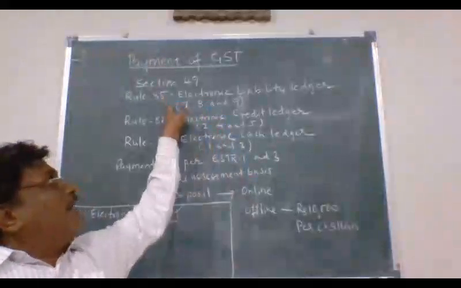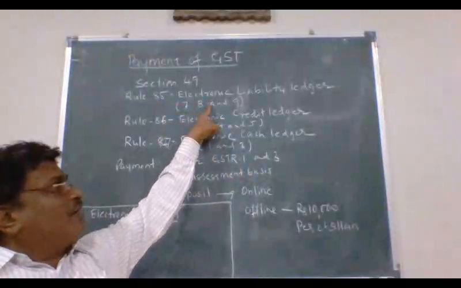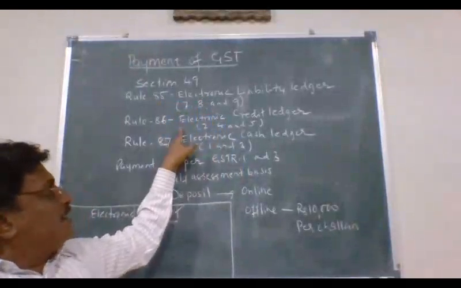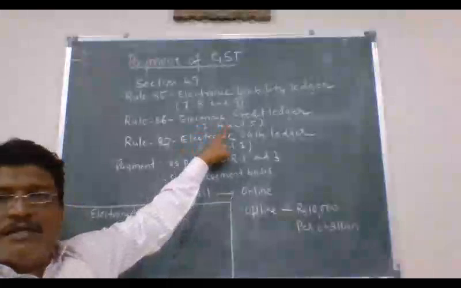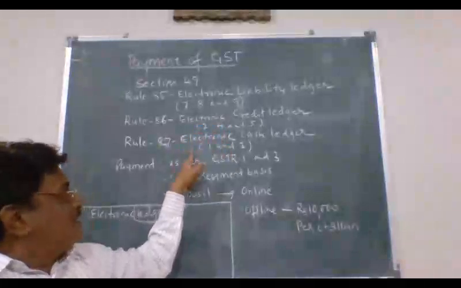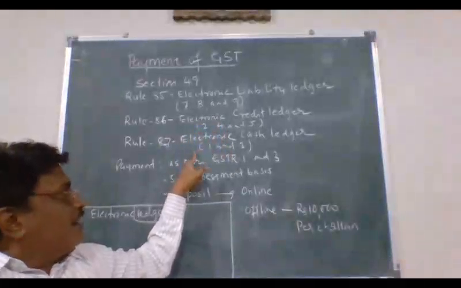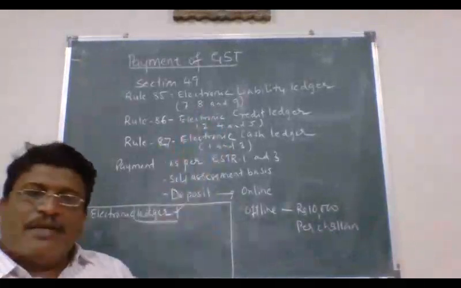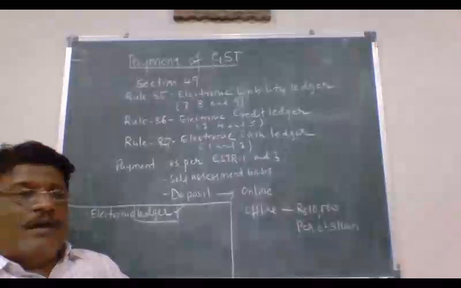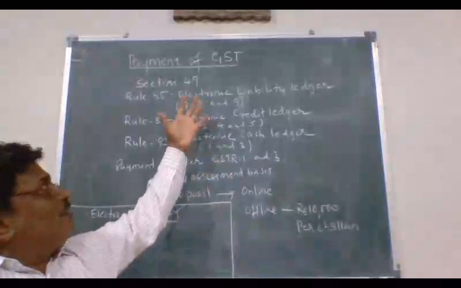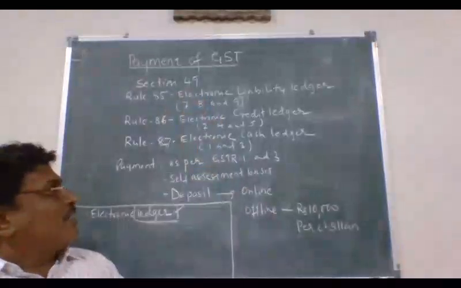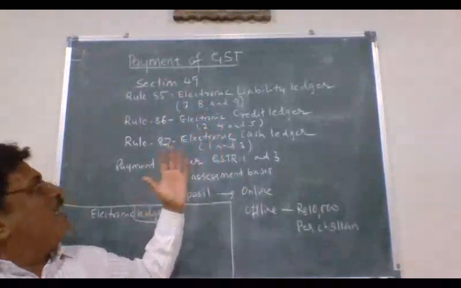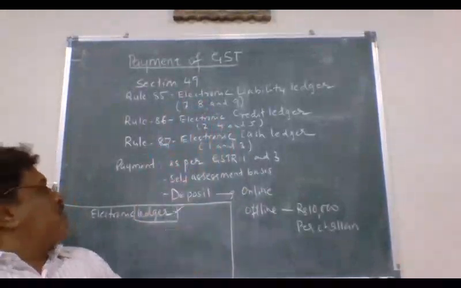Rule 85 deals with the electronic liability ledger, Rule 86 deals with the electronic credit ledger, and Rule 87 deals with the electronic cash ledger. Now I will explain one by one the contents of the electronic liability ledger, the electronic credit ledger, and the electronic cash ledger.